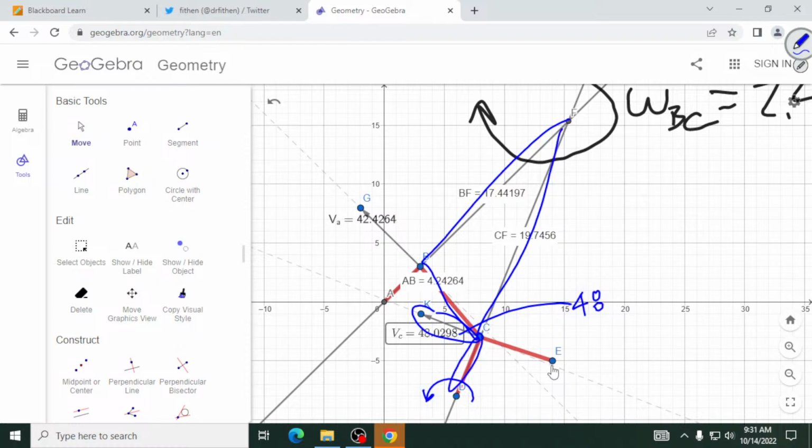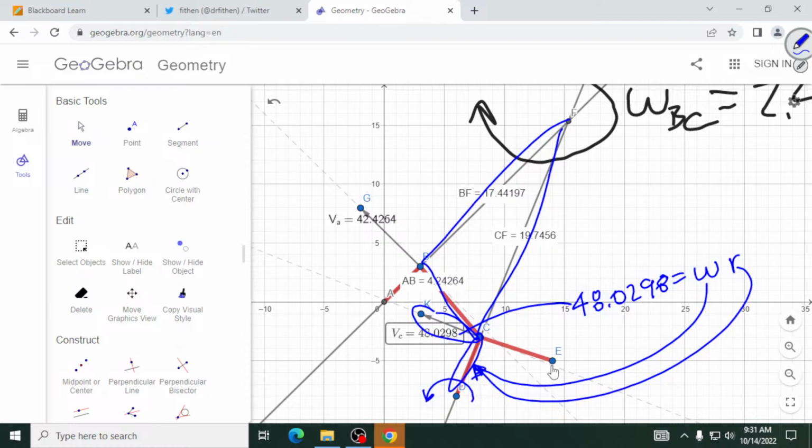So it's the same velocity. So it's 48.0298 equals omega of that link times the R of that link.